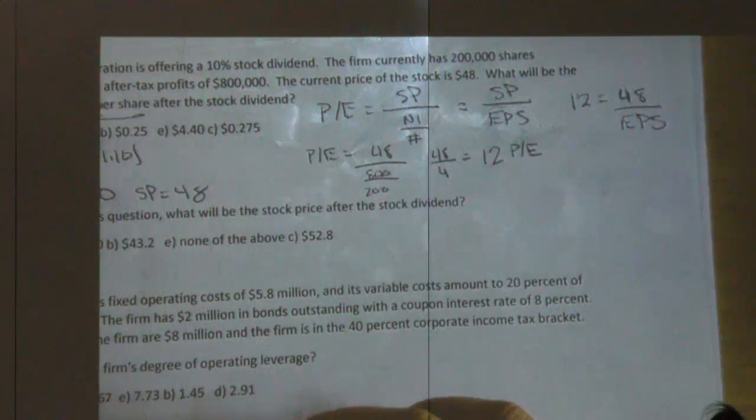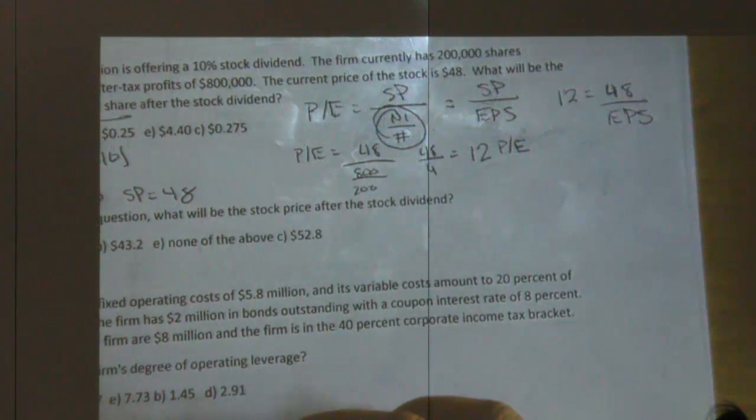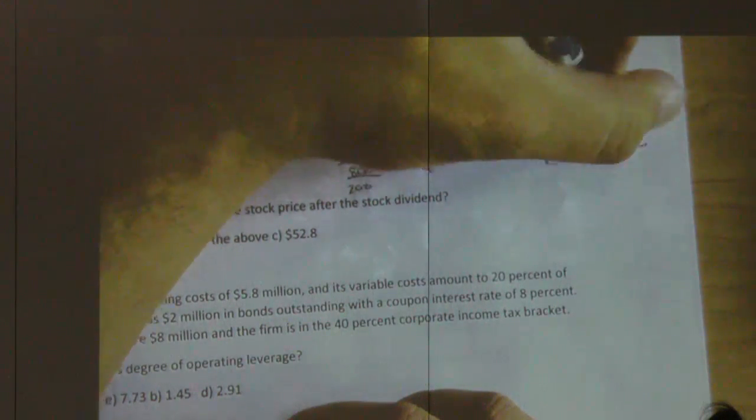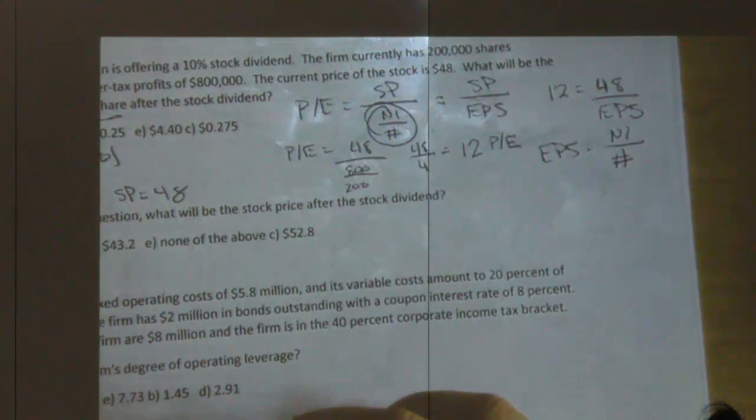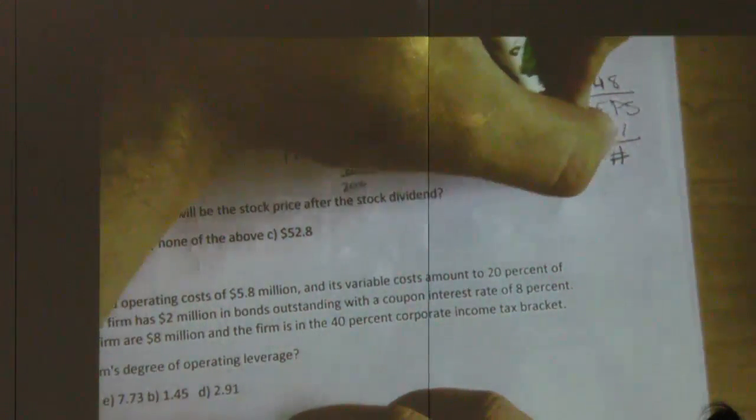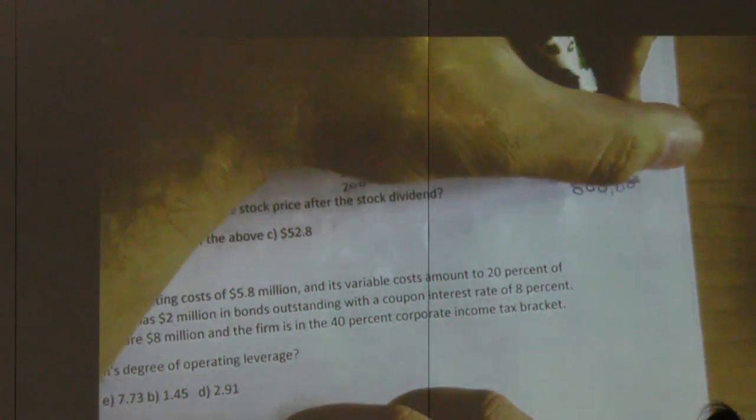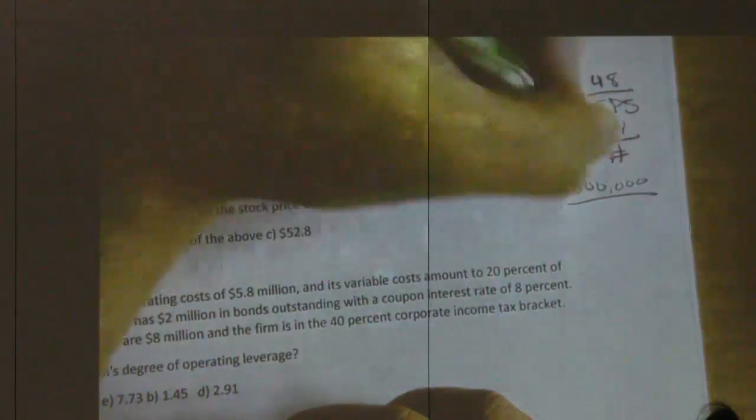We want to find earnings per share, which is just our net income over our shares. So the earnings per share would be net income divided by the new shares. Our net income is going to be 800,000, and our new shares will be 220,000.